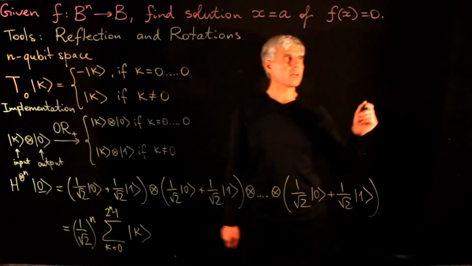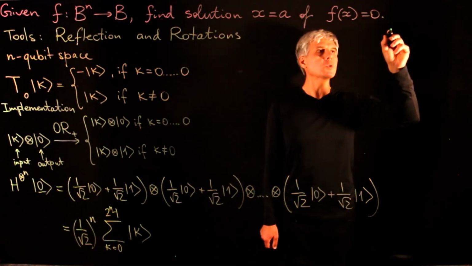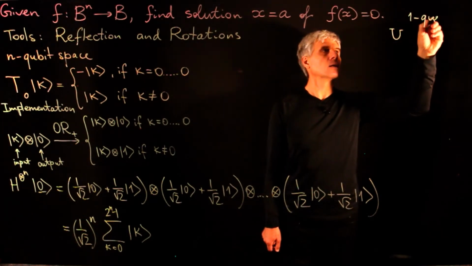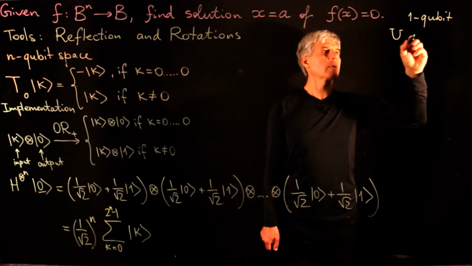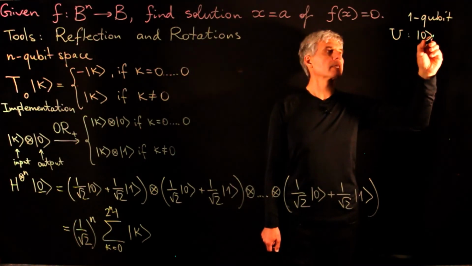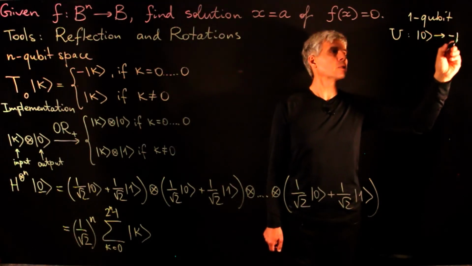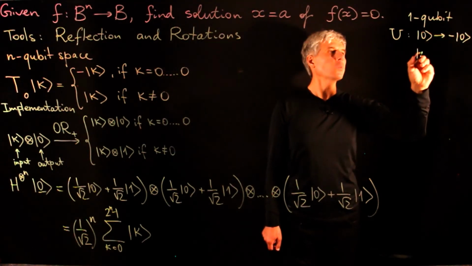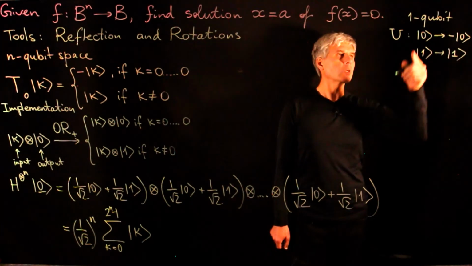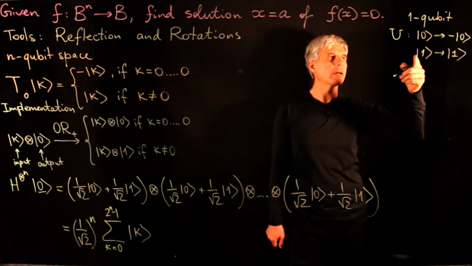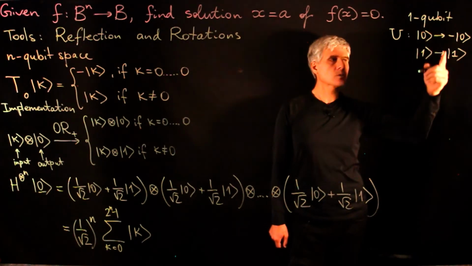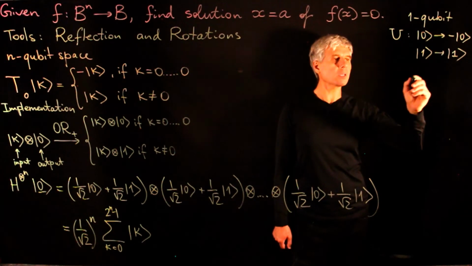As our next step, we consider the following unitary transformation U of a 1 qubit state, where 0 is sent to its opposite vector and 1 is sent to itself. What we see is that the standard basis is transformed into an orthogonal basis, right?